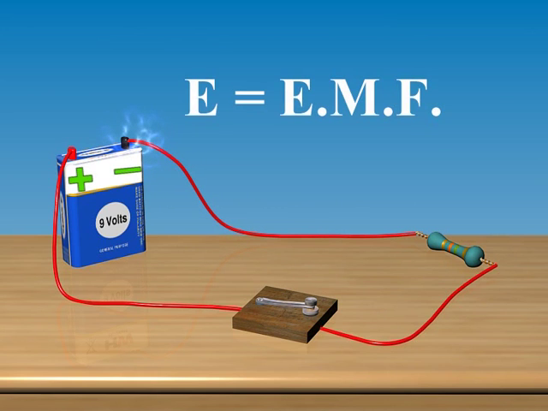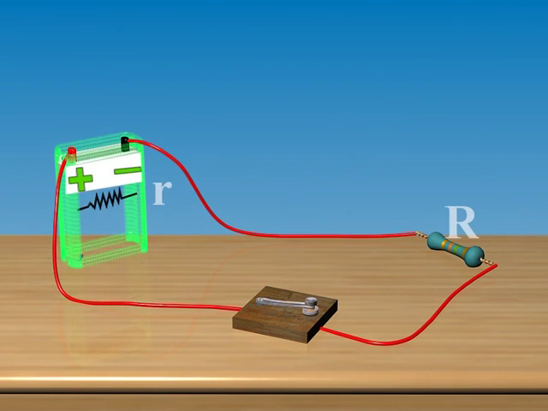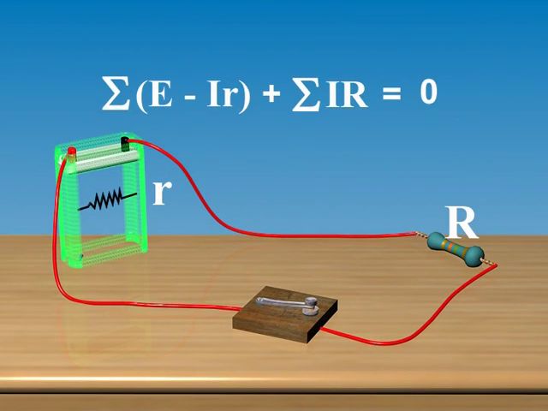If E be the EMF of the cell, small r be its internal resistance, and capital R be the resistance of the resistor, then we know that summation of E minus Ir plus summation of I into capital R is equal to 0.